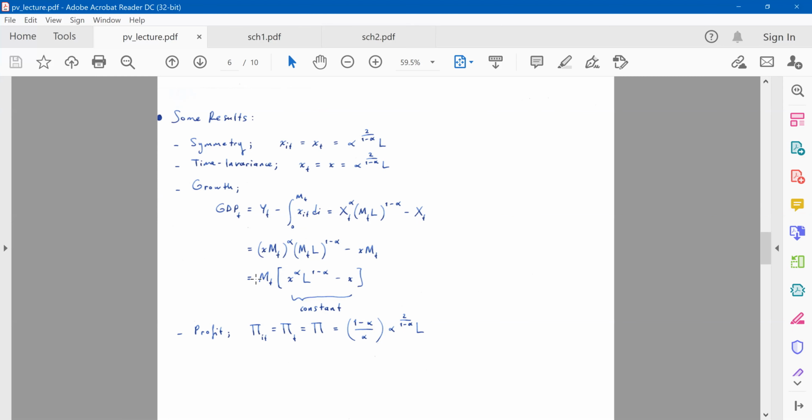So the number of machines and GDP are proportional. Okay, so that's an important result. And so here again, we see how technology becomes a source of growth, right?